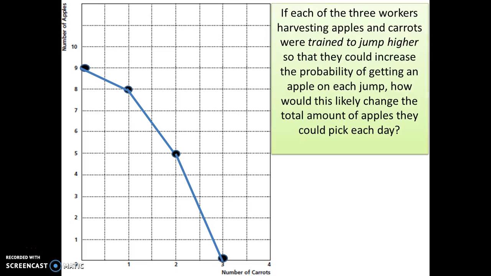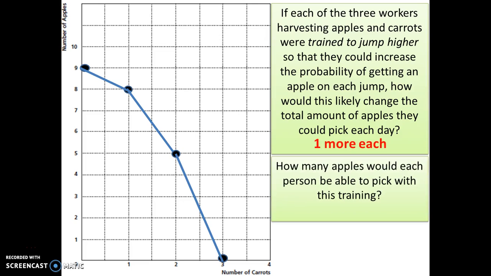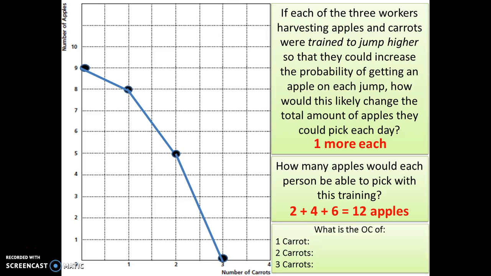So we did another example. What if the students were trained to jump, and they could each pick 1 more apple each day, so they would be able to pick 12 apples. We plotted those points and identified the opportunity cost. If a student picks 1 carrot, we give up 2 apples; 2 carrots, 4 apples; 3 carrots, 6 apples, and again we see the law of increasing opportunity cost.